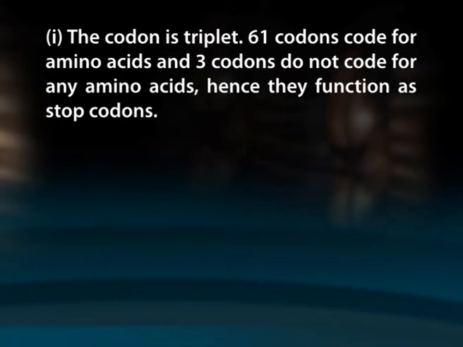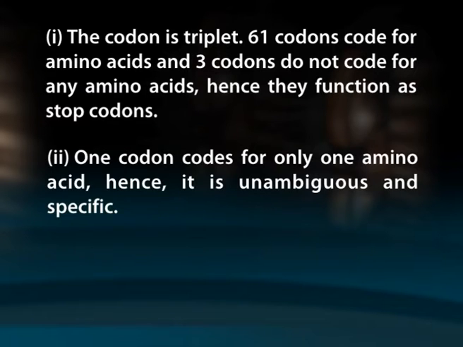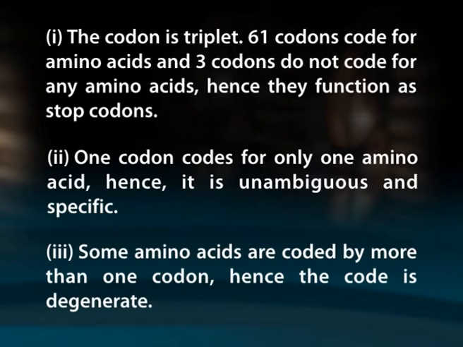Now we can consider some of the salient features of the genetic code. 1. The codon is triplet. 61 codons code for amino acids and 3 codons do not code for any amino acids, hence they function as stop codons. 2. One codon codes for only one amino acid, hence it is unambiguous and specific. 3.